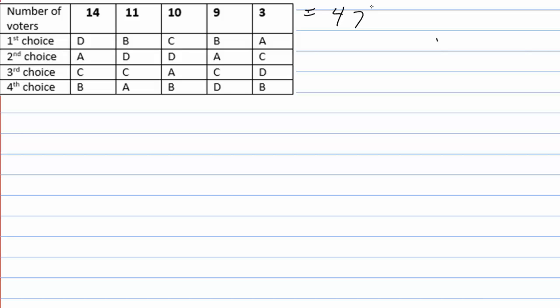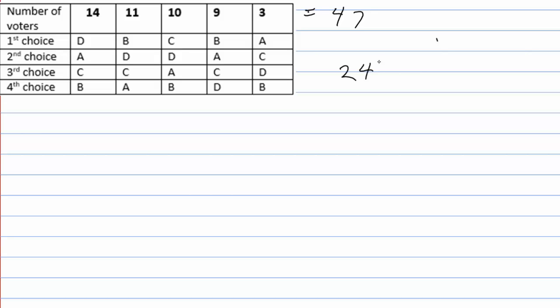So with the instant runoff method, we first look to see if anybody has a majority of the votes, right? So in this case, the total number of voters is 47. So what would a majority be? Well, a majority would be just over half. So that would be 24 votes.